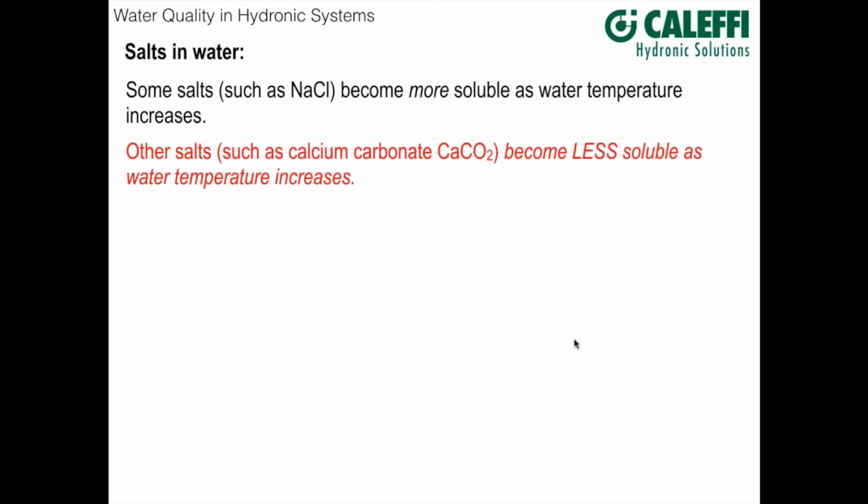Now, other salts react just the opposite, and these are the problem salts. The calcium carbonate would be a good example. This becomes less soluble as the water temperature increases.